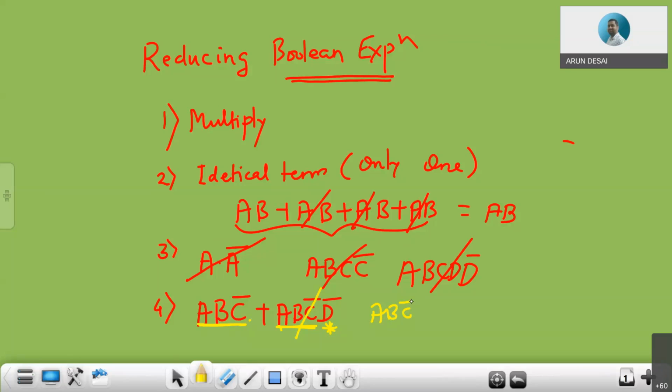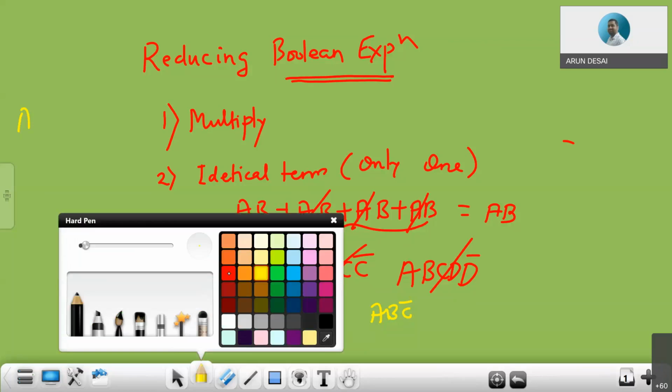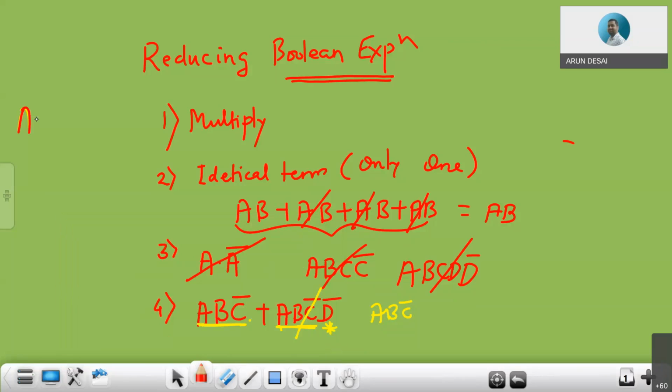Then the fifth rule: look for a pair, like suppose I have A, B, C complement D, and A, B, C complement D complement. Then what is dropped?